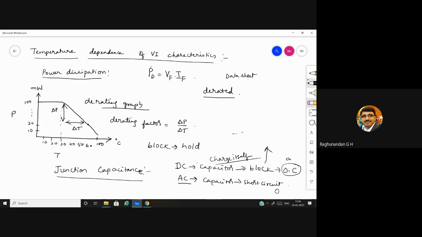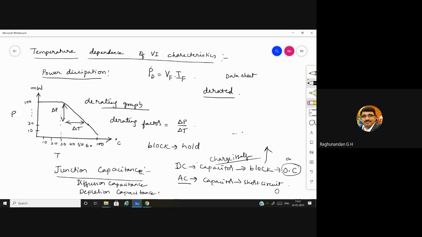These capacitances are exhibited across the junction of the diode. There are two types of capacitive behavior: diffusion capacitance and depletion capacitance.